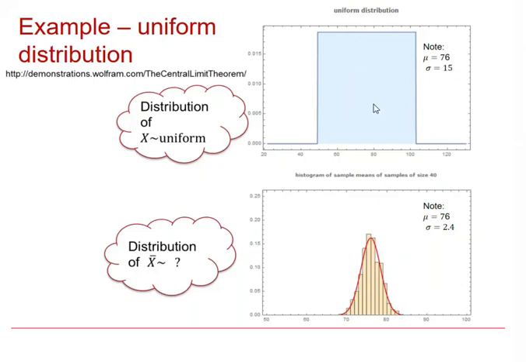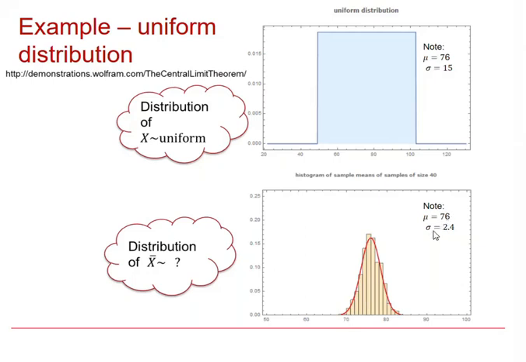So we're clearly starting with a population that is not normally distributed. And the demonstration I set up took samples of size 40 from that original uniform distribution, and you can see the plot here, and you can notice straight away that you have that symmetrical normal shape.